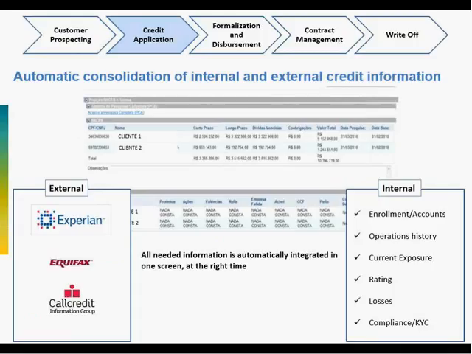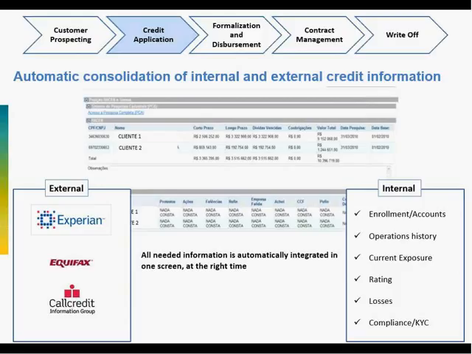So the key idea is that we have one screen with all the information that came from the process, the credit application, and also the external information we can grab through integration. For example, coming from Experian, coming from Equifax, coming from Call Credit, and all the credit bureaus we have in every market. So the idea is that we can join this information into one screen.